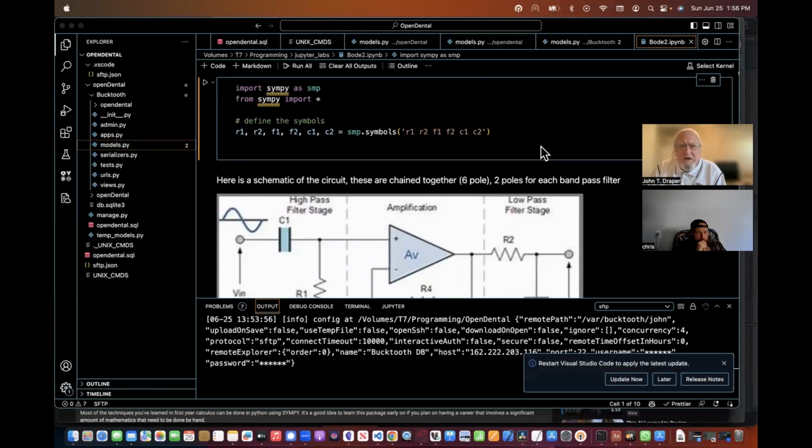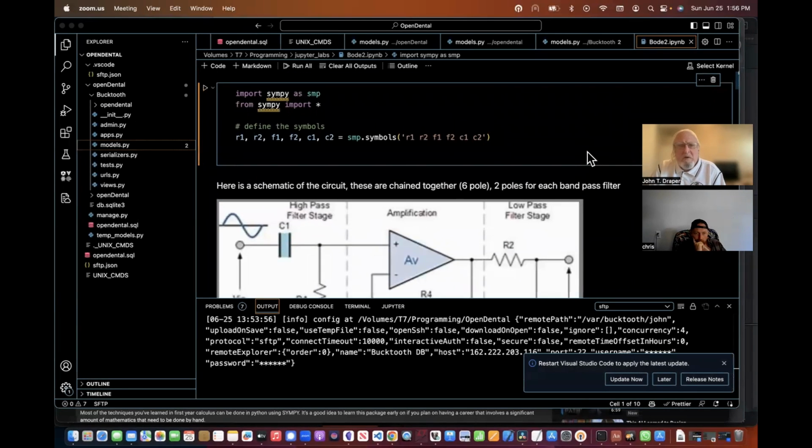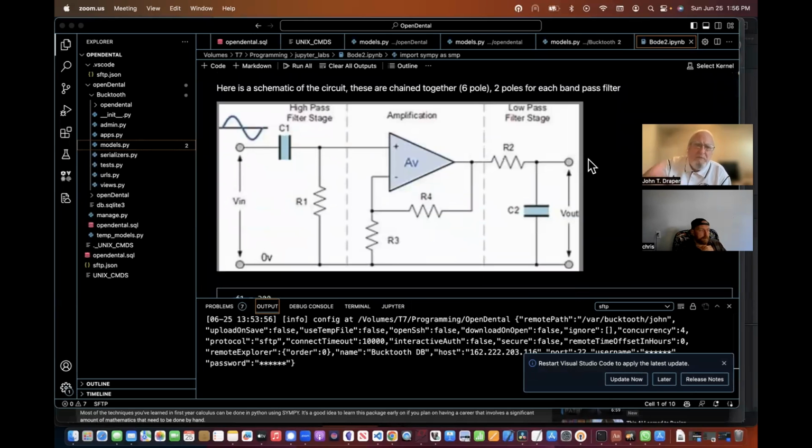Here we have a Jupyter Notebook file showing all of the formulas needed to make calculations on a 6-pole filter, where I have 2 poles for each bandpass filter. So basically, I've got the high pass going into the operational amplifier, which is an amplification system, and then I have the low pass.